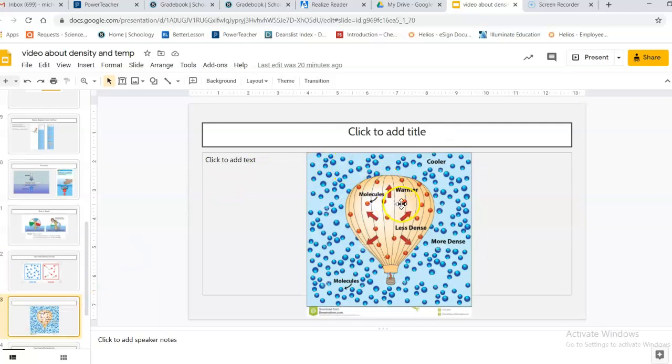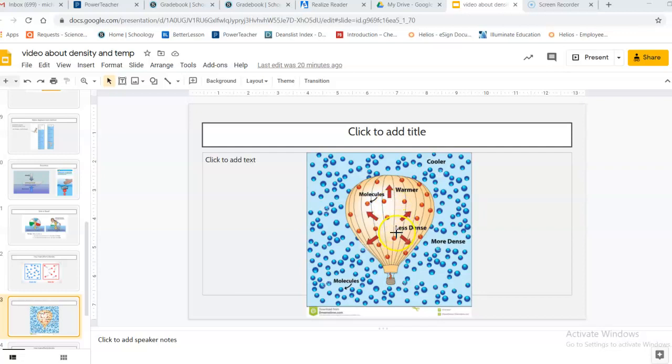A very common example is a hot air balloon. Let me walk you through it. The air inside is the same. It's air, a mixture of gases. Well, technically slightly different, but let's just say it's the same air. When you light the hot air balloon, you start heating up the air particles inside, so they take up more space.